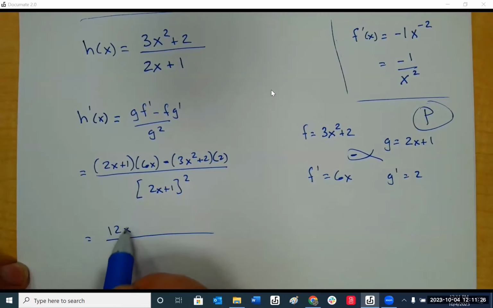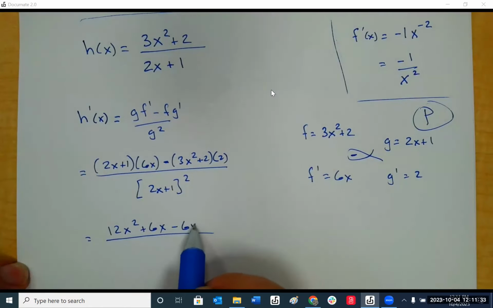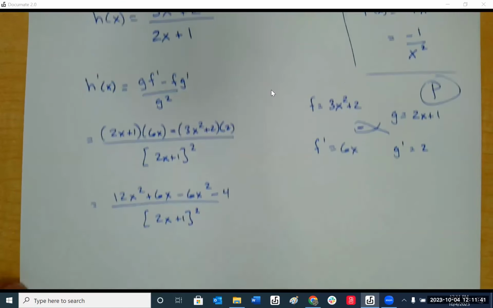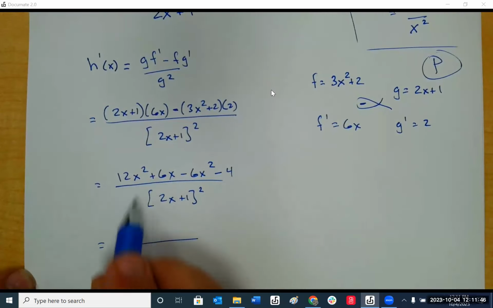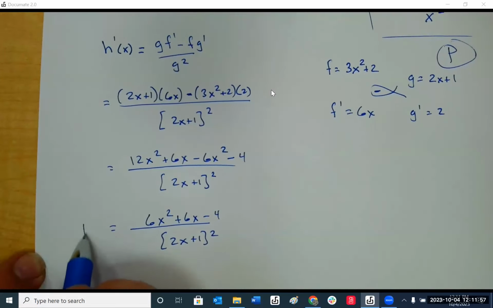We have 12x squared plus 6x, minus 6x squared, minus 4. Yeah, 12 minus 6 is 6. So that's 6x squared plus 6x minus 4 over the denominator. And there's the derivative.